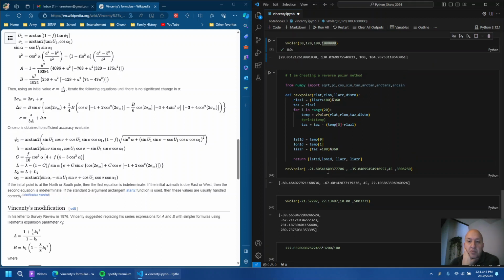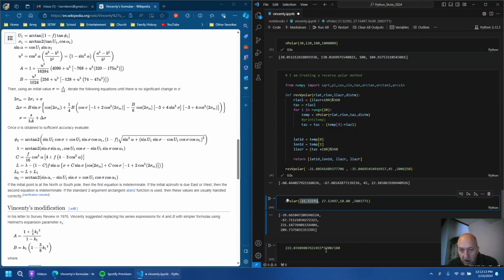So reverse polar. So let's see. I do this. This is where I started, and this is the direction of the 2 things. And that's my distance. So let's run this and see if we get the same answer going the other way.